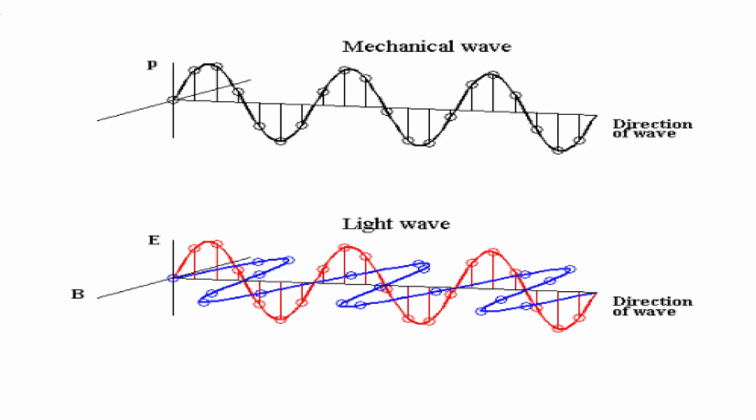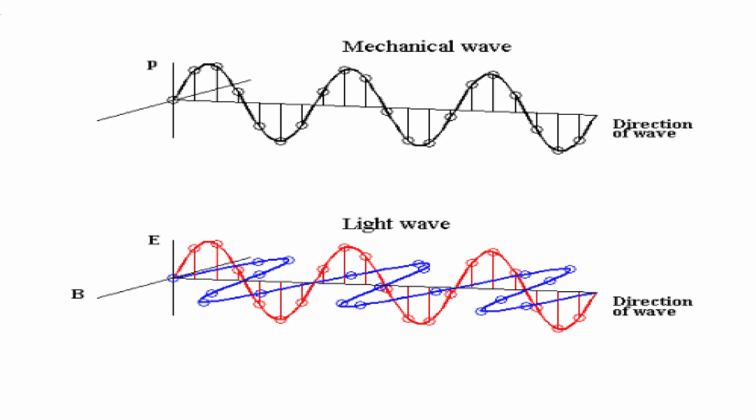Okay. Now you understood the difference between the mechanical wave and the electromagnetic wave, so that we can hear the sound but we can't see the sound. Here you can observe the mechanical wave and light wave very clearly.